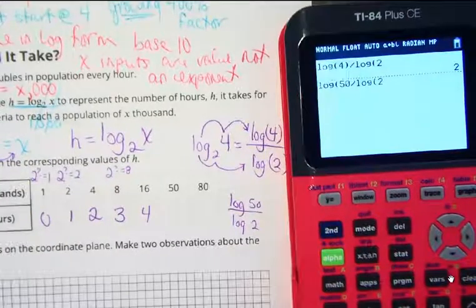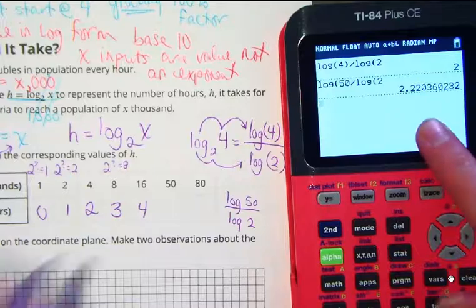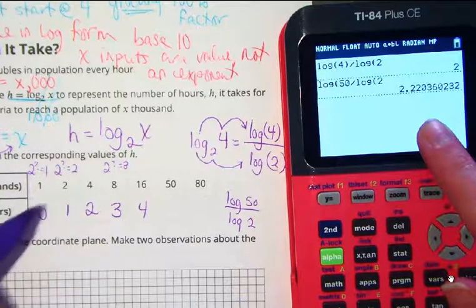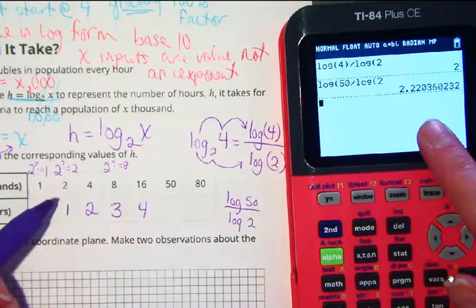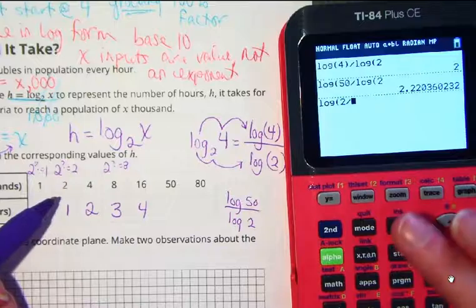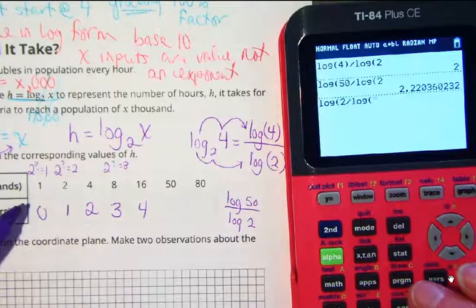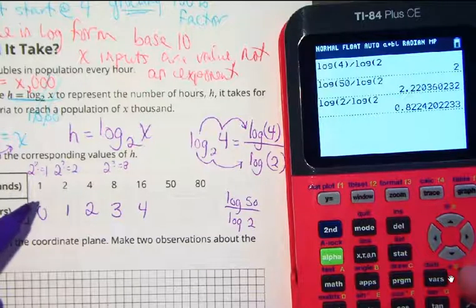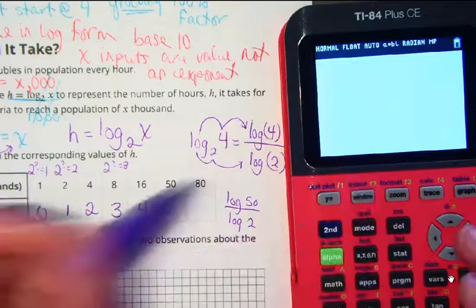Sorry, typing that in my calculator here. Ooh, I need to go back and check my other values over here. Am I getting that right? I'm not closing my parentheses. See, even teachers make mistakes.